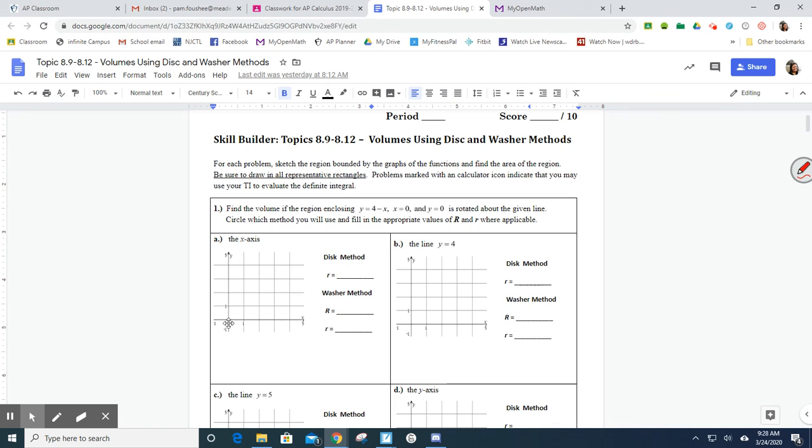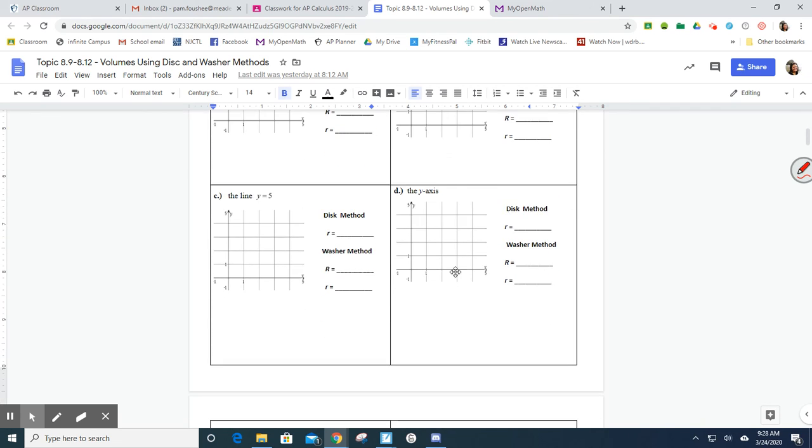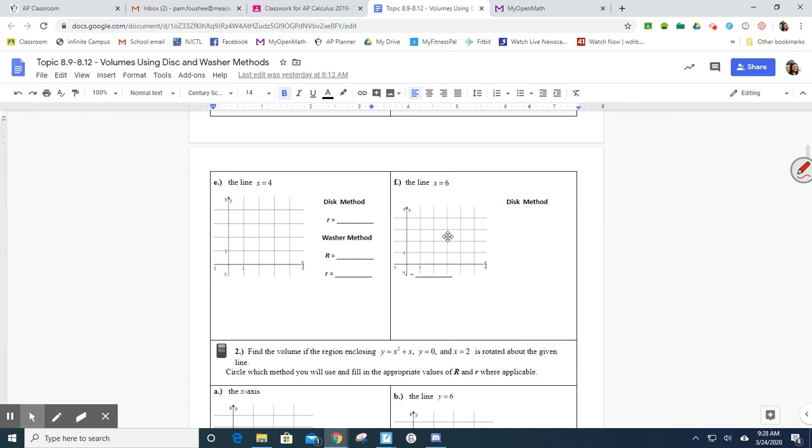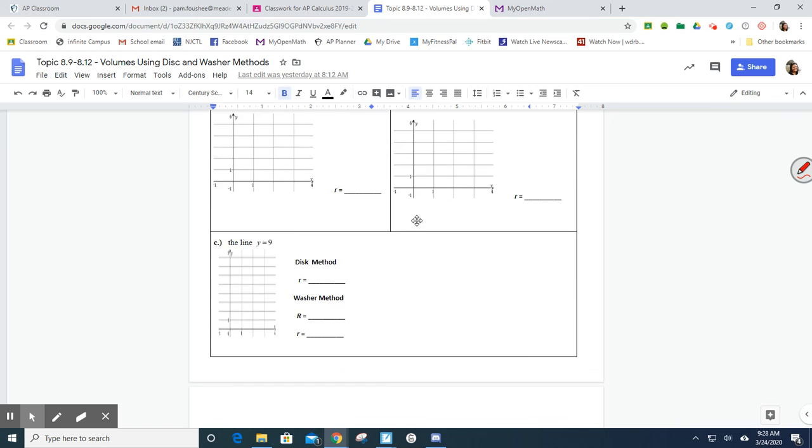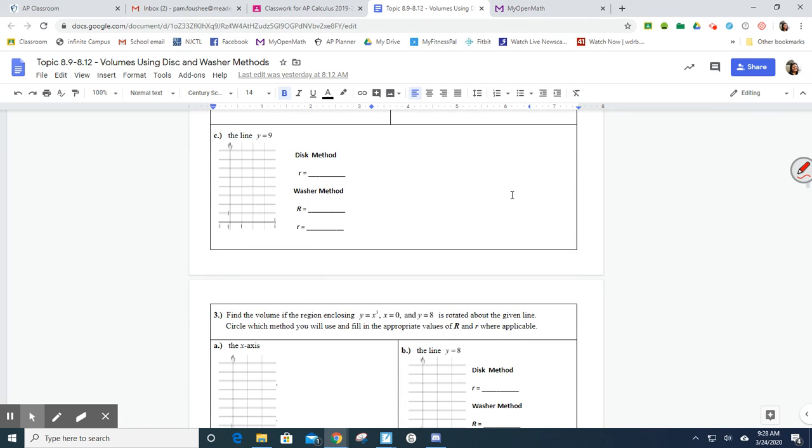So it will be flat against the x, flat against the y, so we could use both of them. We haven't talked about the washer method yet, so don't worry about it. All they're asking you to do is find the volume. They want you to put your radius in there. So you can probably do the disk method on any of them that says the disk method. And if you notice down here, they get away from it. So if it says disk method, go ahead and try it.